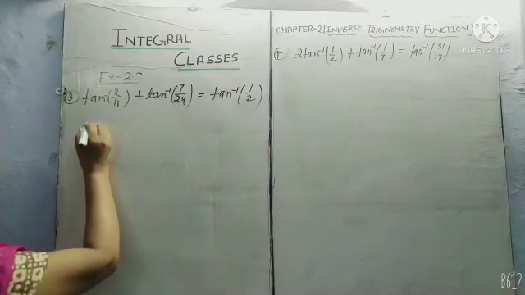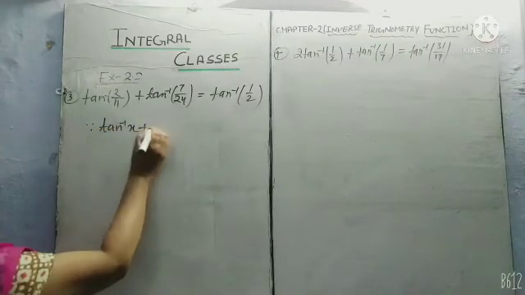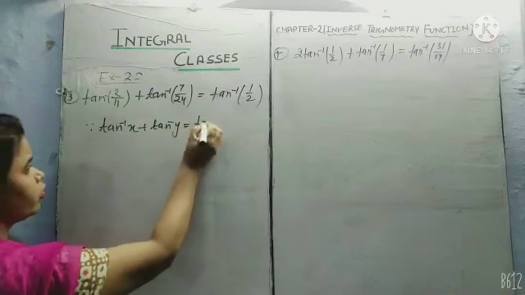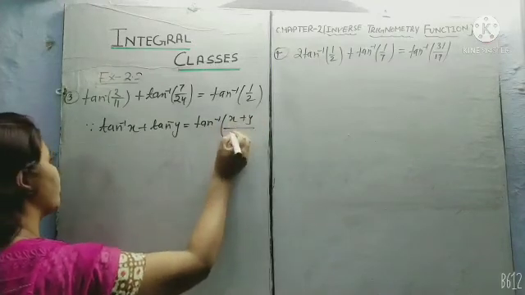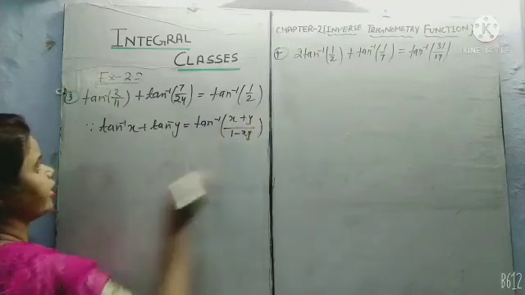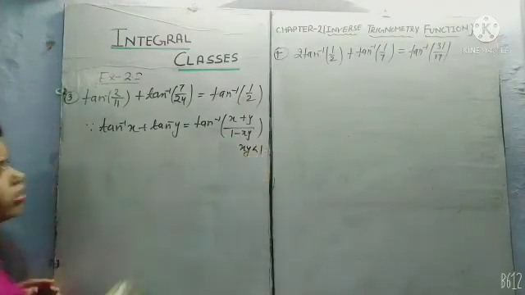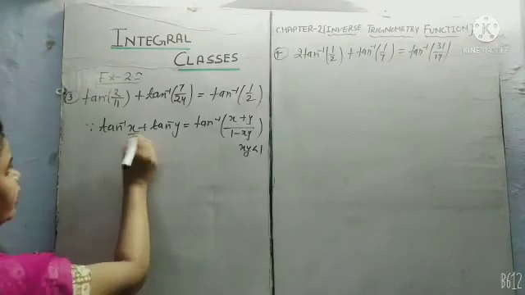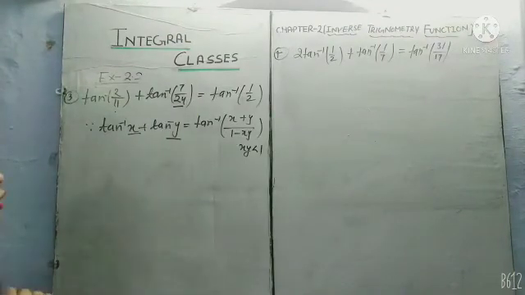We know that tan inverse x plus tan inverse y equal to tan inverse ((x plus y) upon (1 minus xy)), and xy is always less than 1. Now we will use this property in this question. So here x is replaced by 2 by 11 and y is replaced by 7 upon 24.